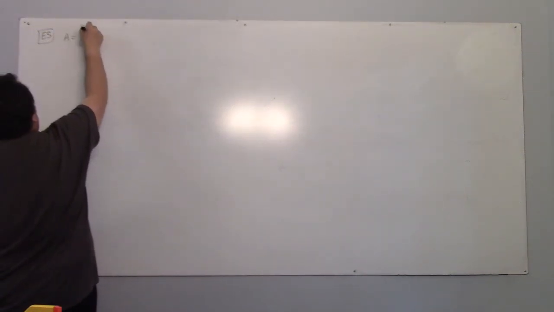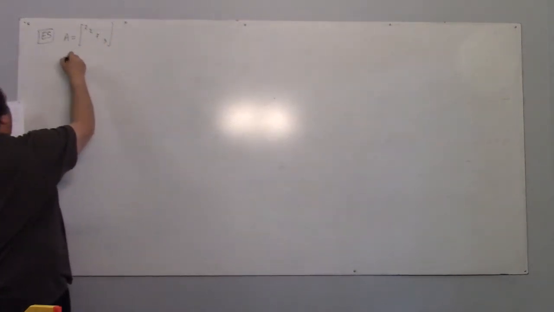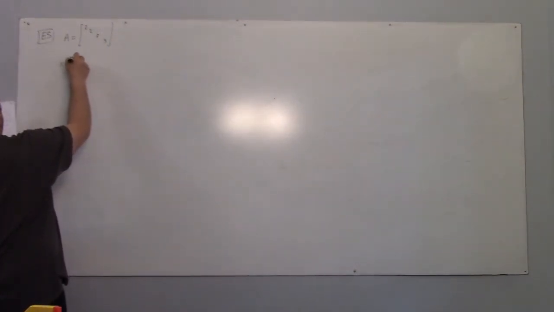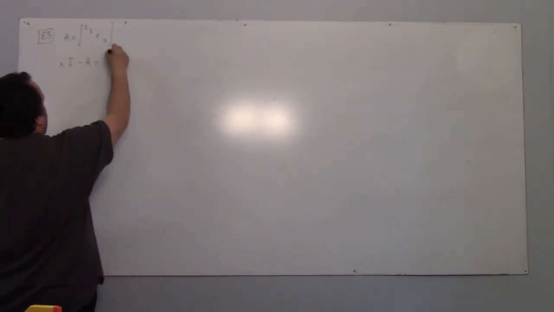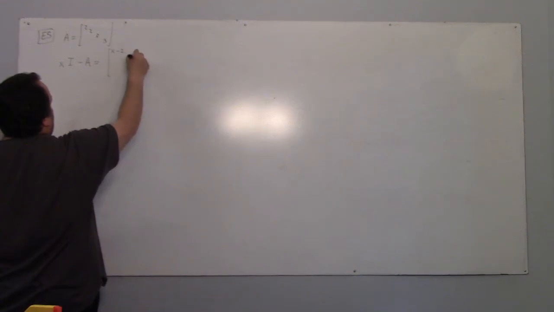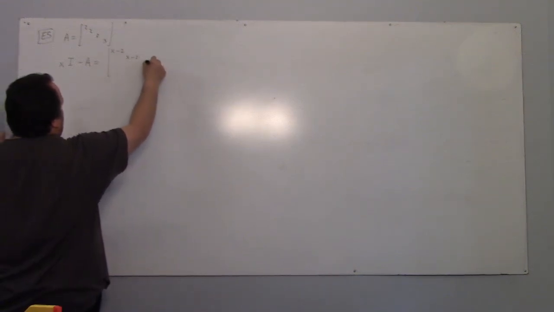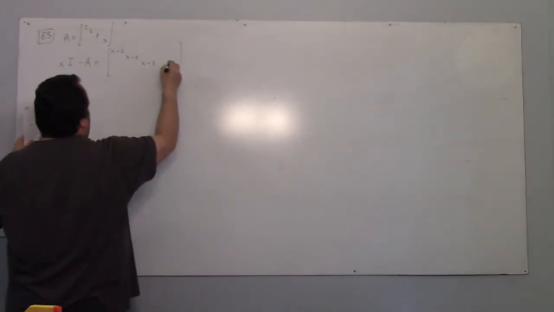So you got your 2, 2, 3, 3. And you'll forgive me if I don't write down all these steps, but if we take xI minus A, I'm sure we can figure out how to do it in fewer steps than I have on this piece of paper.